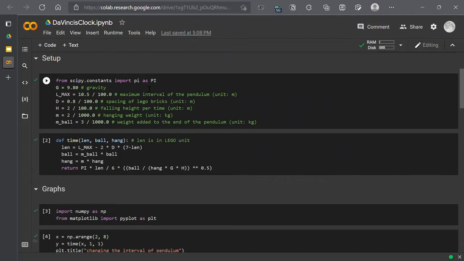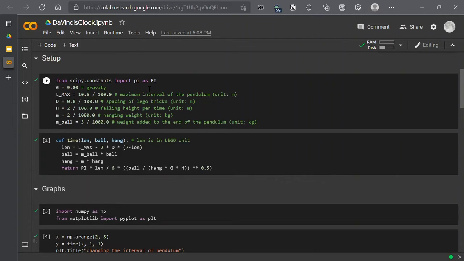And H is the falling height per time. N is the hanging weight we added to the string, and we use half of the Lego person.